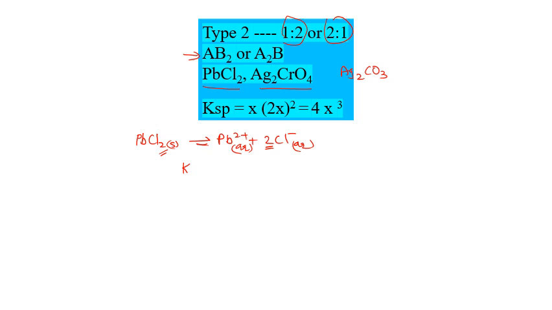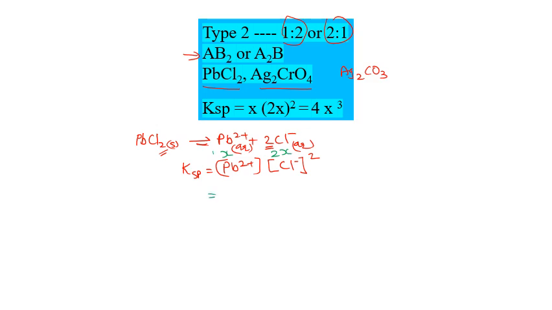And we can write KSP equals concentration of Pb2+ times concentration of Cl- to the power 2. How will we write this in x terms? Let us see that. Pb2+ is x because only one ion is there, and we have 2Cl-, so we will write 2x.